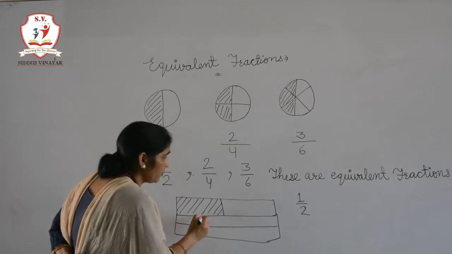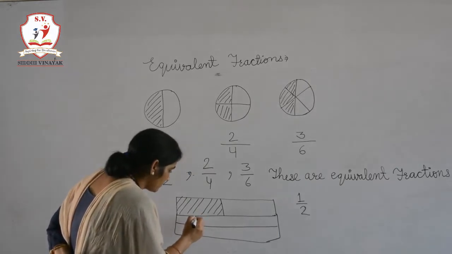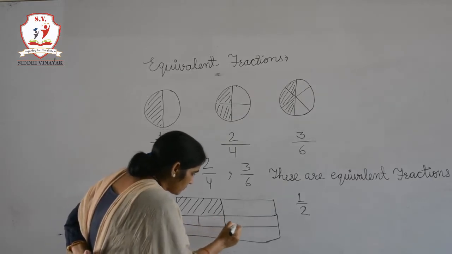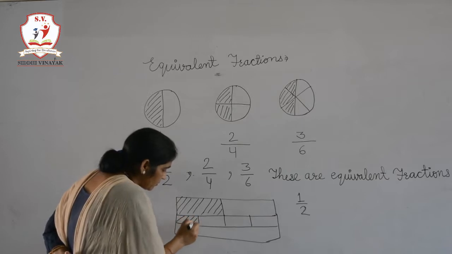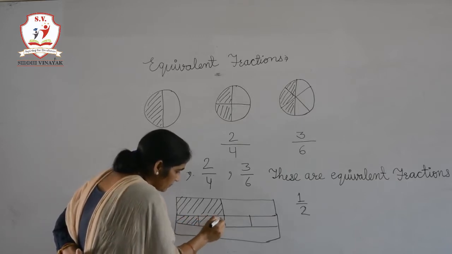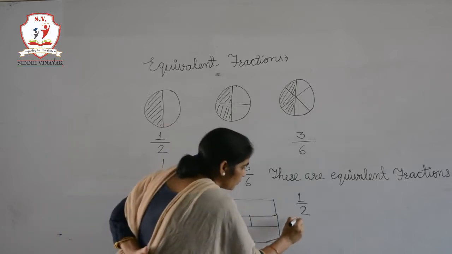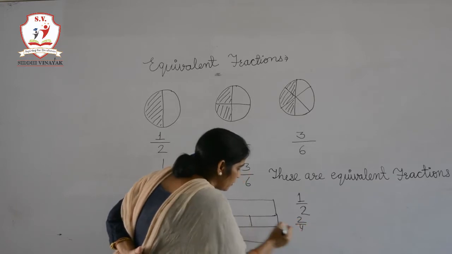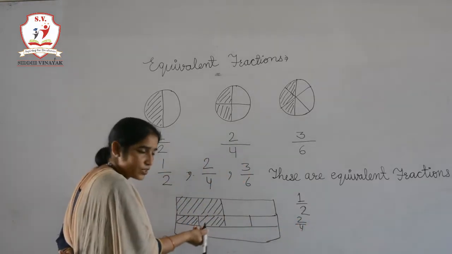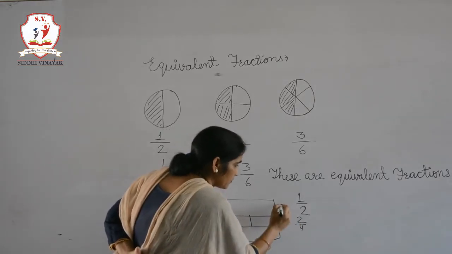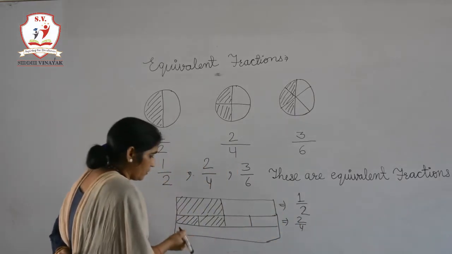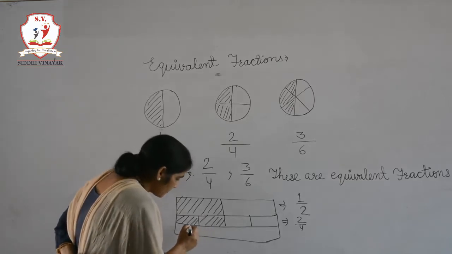We divide into 4 parts. 2 parts are shaded. Total parts are 4, 2 are shaded: 2 upon 4. We divided into 6 parts.